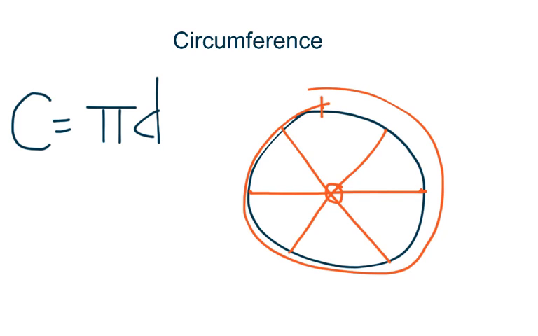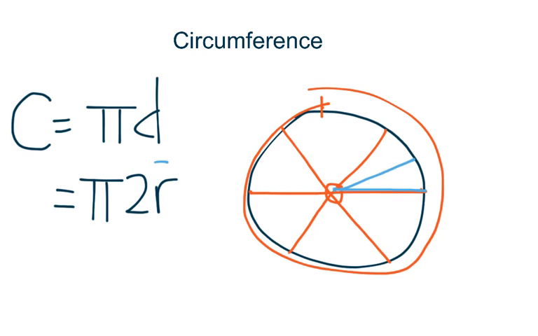Another formula for that is pi times 2 times the radius. So the radius is just any line that starts from the middle of the circle and goes to the outside. So generally speaking, the radius is always half of the diameter.